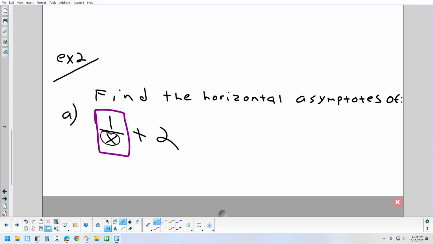So 2 is the value that you get close to as x approaches infinity, but you never reach it. How would you write the equation of the asymptote? Don't just put 2. That's not an equation. Yeah, we've got to write an equation. Y equals 2. It's got to be a y, and it has to be equals 2.